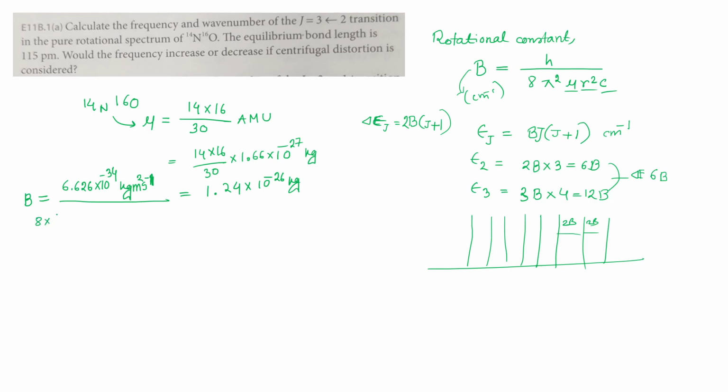Now 8 into 3.14 square into mu, that we know, 1.24 into 10 to the minus 26 kg, right? Now comes the r. r is here the bond length, that is 115 picometer. This picometer is actually 115 into 10 to the power minus 12 meter.